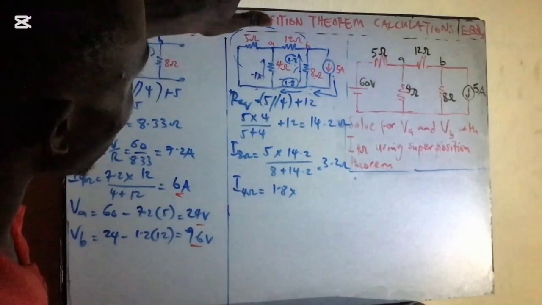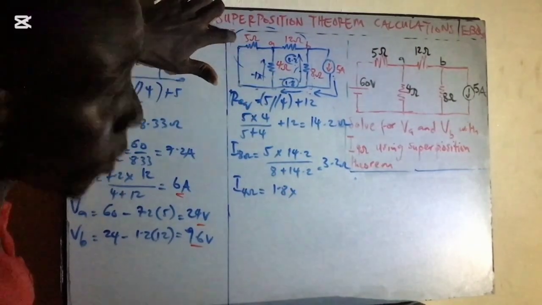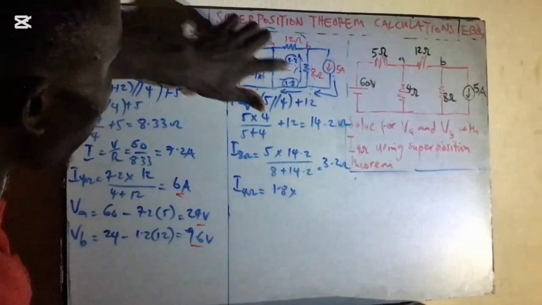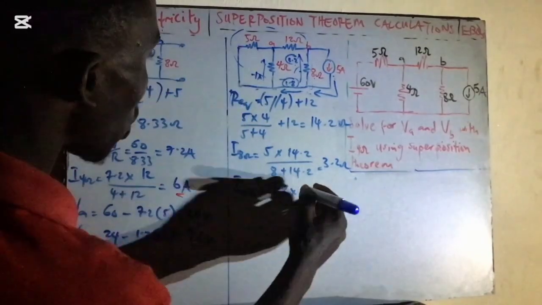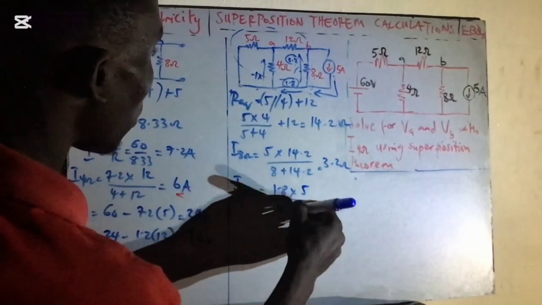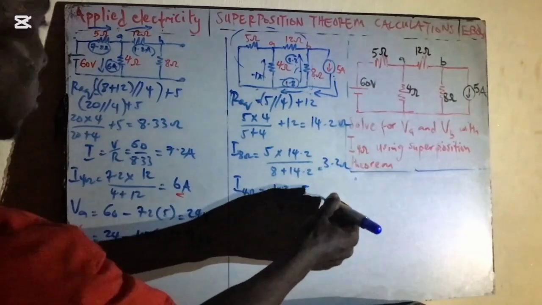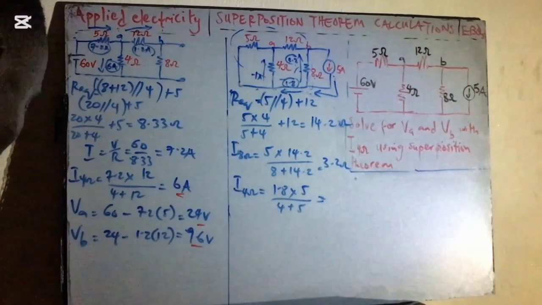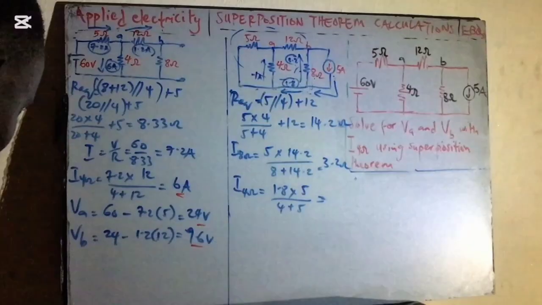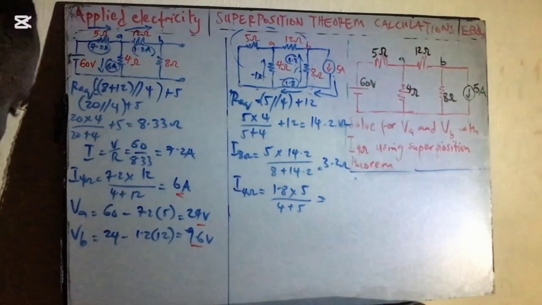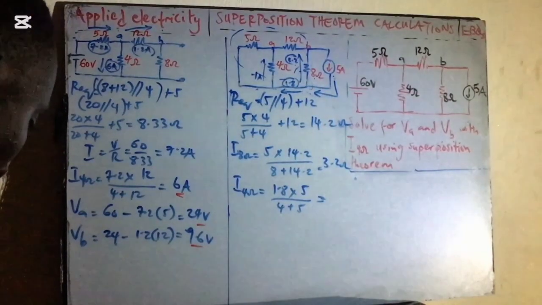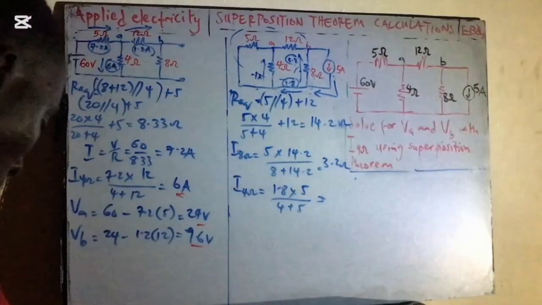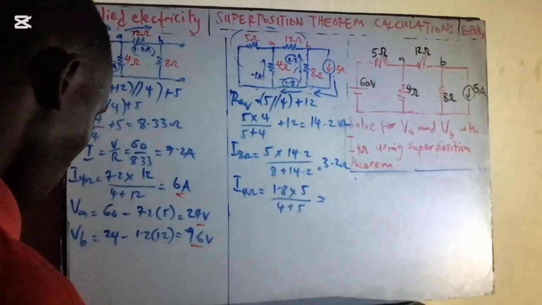One will split up here, one will come like this, and this is the 5. We are using 5 and 4 in contrast. So the other resistor will be 5 over 4 plus 5. So our current flowing through the 4 ohm resistor, let me calculate it in our calculator, is going to be 1 ampere.